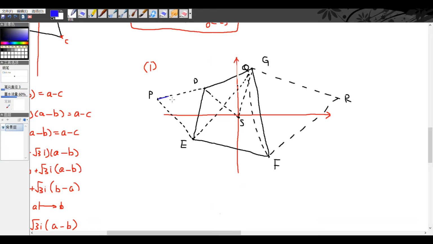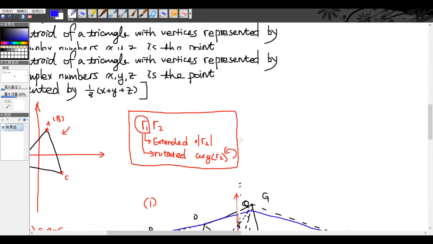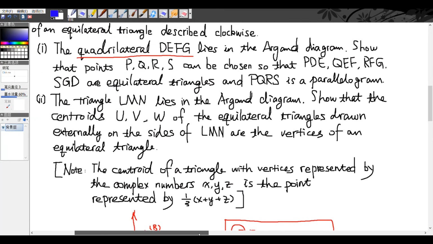which gives us a shape that looks like a parallelogram. Maybe it's not exactly a parallelogram, but it looks like it, and this is what we were asked for. And we need to show this is a parallelogram.